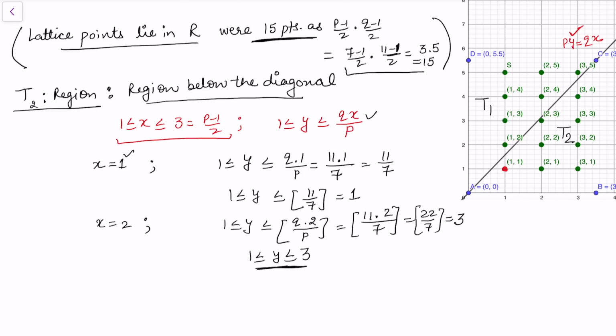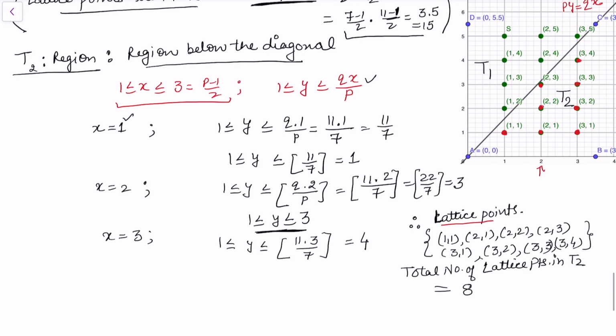When x is 2, y can take 1, 2, 3. In the similar way, when x is 3, y can take a value less than or equal to 11 into 3 by 7. That ensures that y can take the maximum value as 4. So there are 4 integral points, 1, 2, 3 and 4.